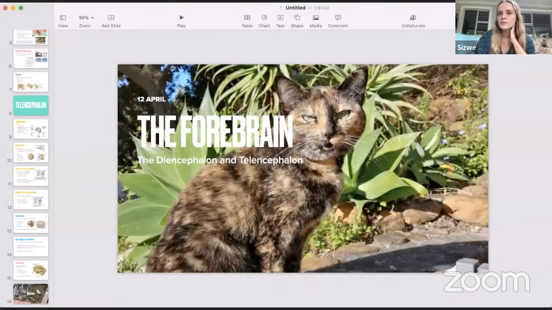All right. So hi, everyone. Today we are going to be doing the forebrain. I had to use my forebrain to think of that. And we're going to basically see how that's split into 2 parts, the diencephalon and the telencephalon. Still not sure on the enunciation of that, but anyway. So without further ado, I'm going to get us started. Remember, you can always ask questions in the chat or you can raise your hand and ask and I will get to you.